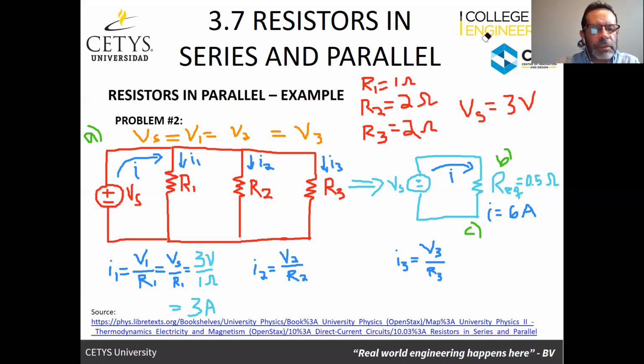Remember, if you have any questions, please stop me at 1. Now we've got V2 divided by R2. Since the voltages are the same, this is going to be the same as having Vs divided by R2.